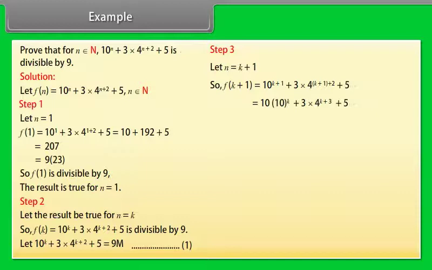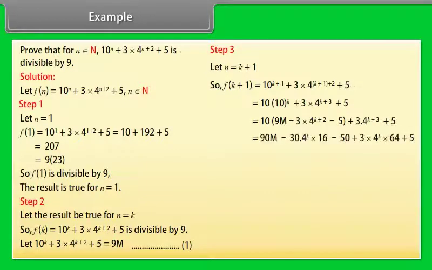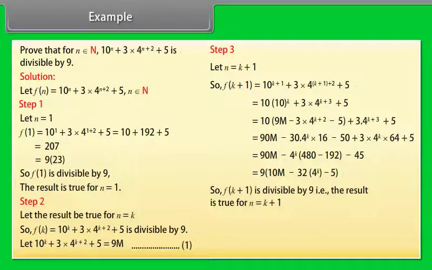By calculating it, we get f of k plus 1 is equal to 9 into 10m minus 32 into 4 raised to power k minus 5. So, f of k plus 1 is divisible by 9, that is the result is true for n is equal to k plus 1.